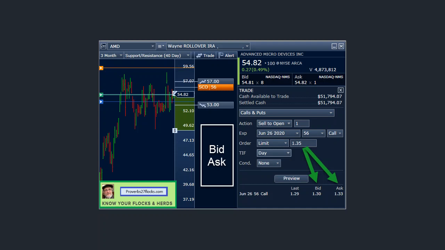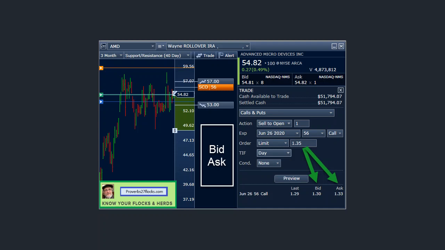As you can see, this is above the price at the time that the screenshot was taken. Shares were trading at $54.82. And I determined that I wanted to get $1.35 for each one of my shares.